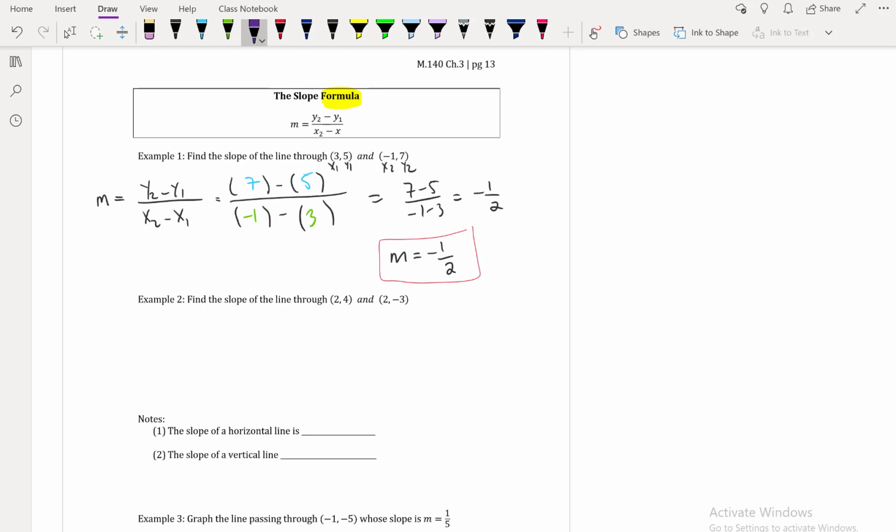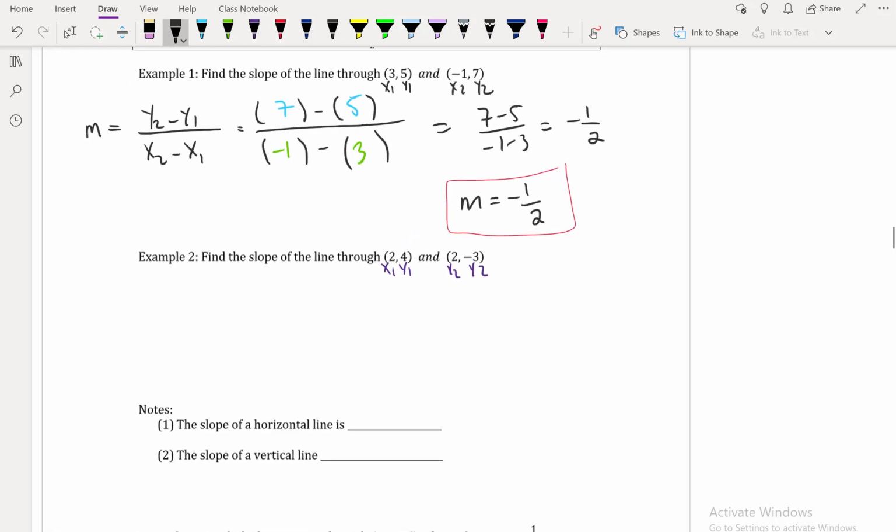So I'm going to have my x1, y1, my x2, my y2. So I know that m is equal to y2 minus y1 over x2 minus x1, and I'm going to plug in values, and it's a good habit to plug in my parentheses.